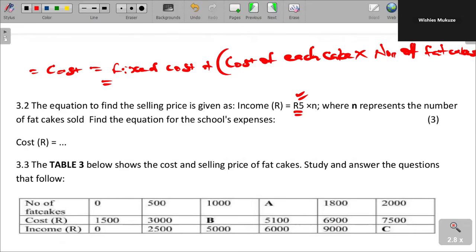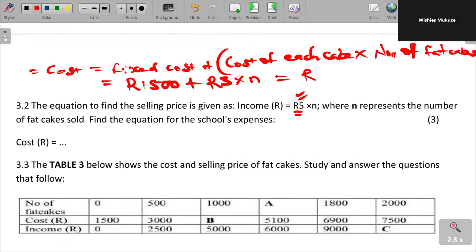So the fixed cost is 1,500. We calculated that 1,500 plus the cost of each fat cake, which is 3 rand, multiplied by n fat cakes, which we don't know.